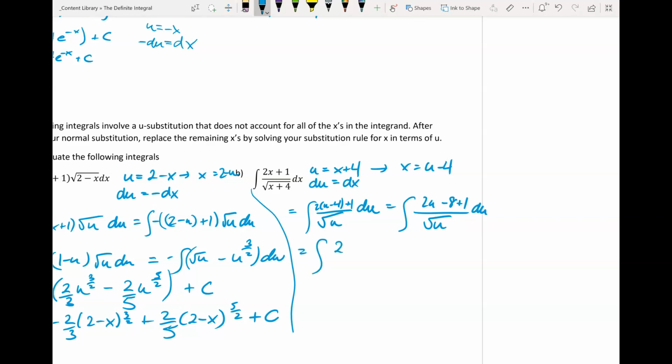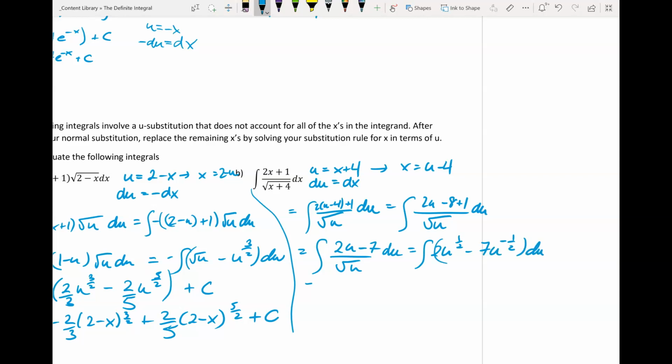Then we have 2u minus 7 all over root u. Then I'll separate each term. So 2u divided by u to the power of half, same base, subtract exponents. So we have 2u to the power of a half minus 7u to the power of negative a half.